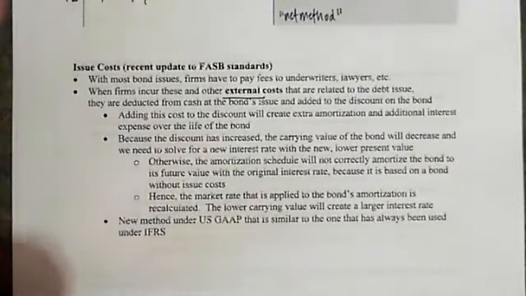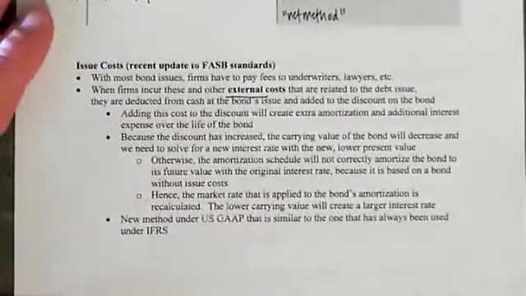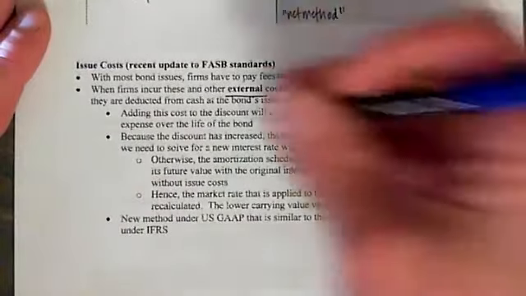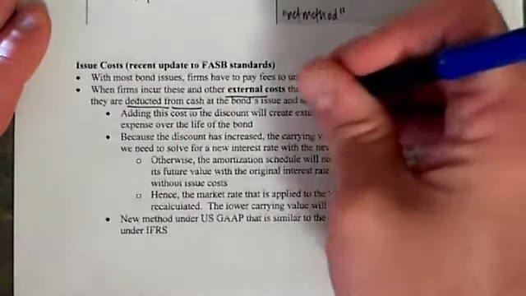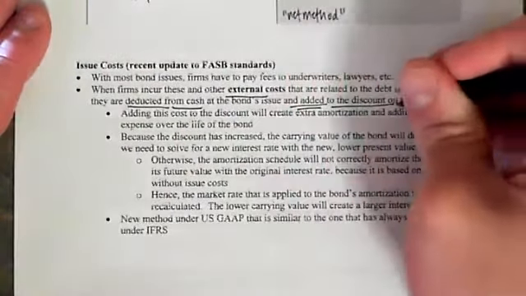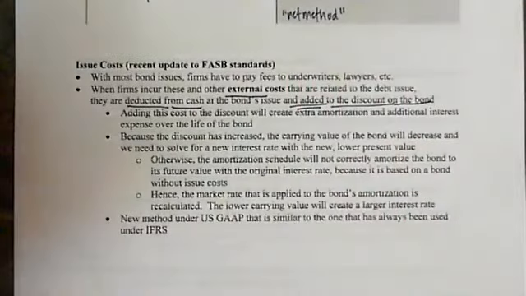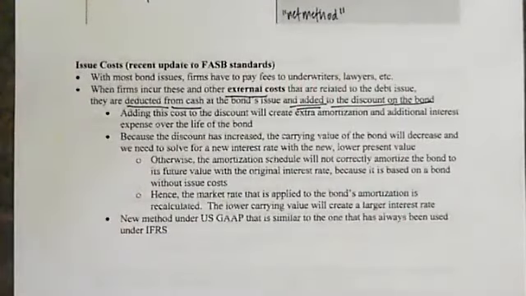They are treated differently than internal costs. So external costs of the bond issue are going to be deducted from the cash amount at the bond's issue and added to the discount on the bond. So what this is going to do, in essence, is increase the amount of discount we need to amortize over the life of the bond.